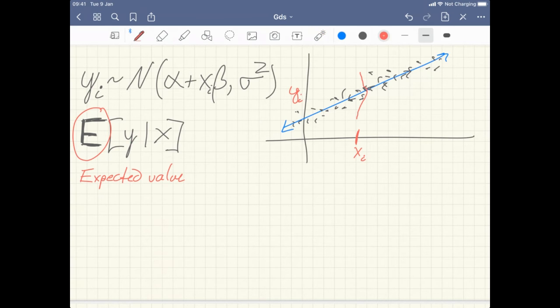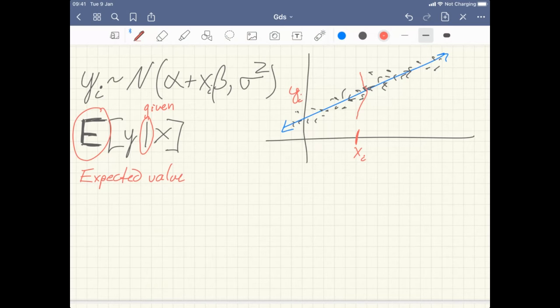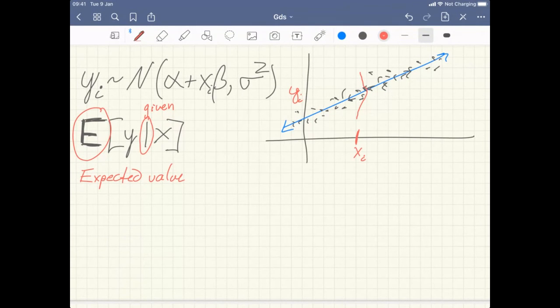And the vertical line is read as given, and then x. So regression is about building a guess for the value of y given that we've observed x. So that's all this means. The expected value of y given that we've seen x. That's what regression is about.